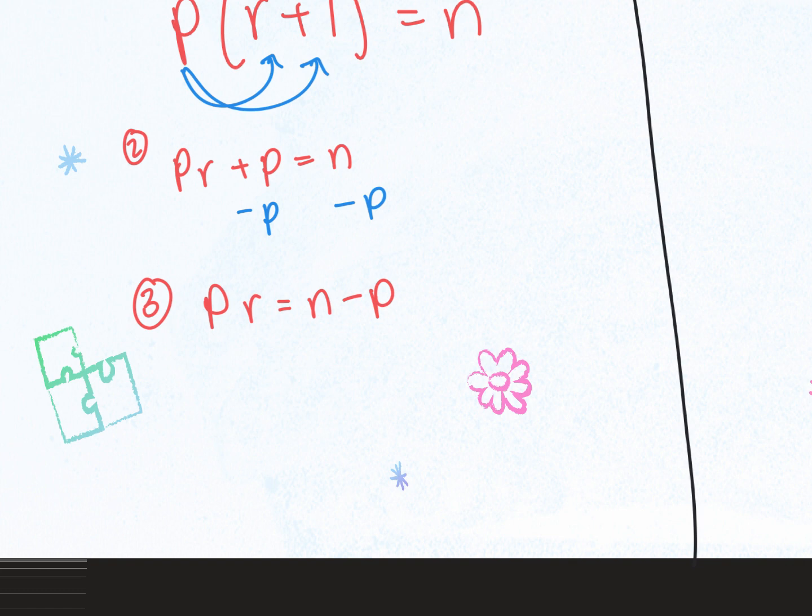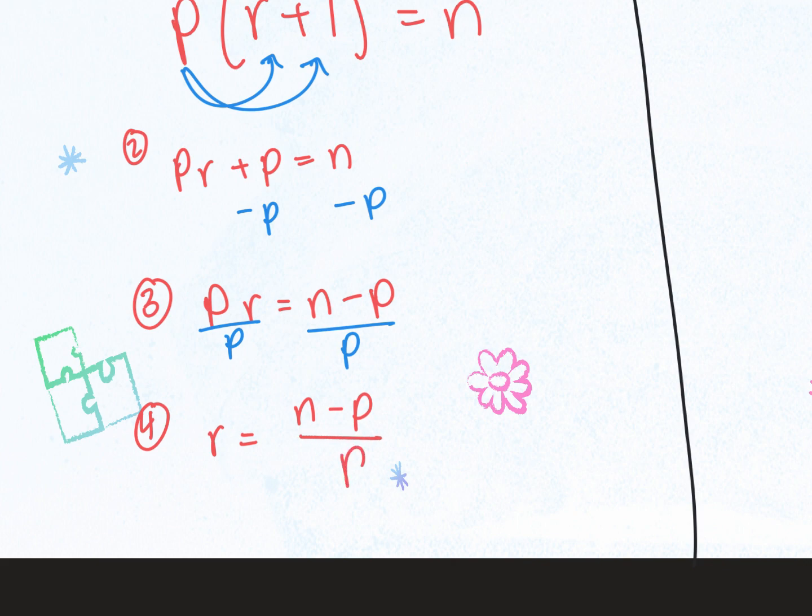I'm trying to get R by itself. Not subtracting. Remember, when you have two letters next to each other. Divide. Good. So I'm multiplying P times R. I need to now divide by P, because I'm trying to get R by itself. And then I'm just going to have my answer. R equals N minus P over P.